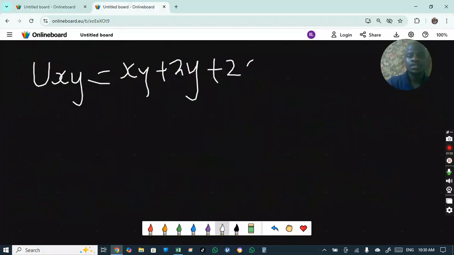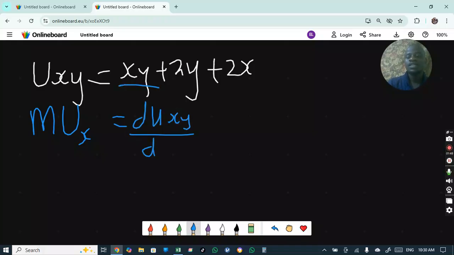If I decide to find the marginal utility of x, I differentiate, du with respect to x. If I differentiate xy, I remain with y, plus 2y will be 0, and 2x will now be 2.